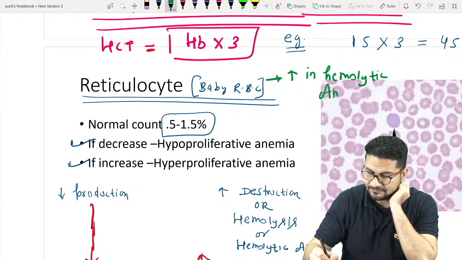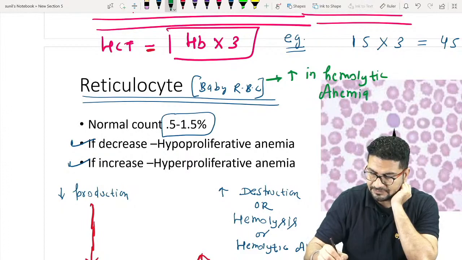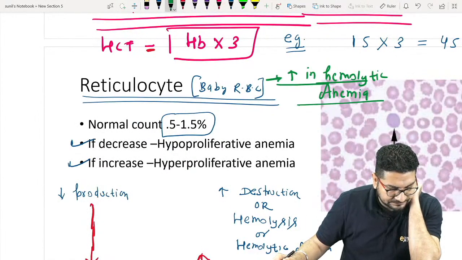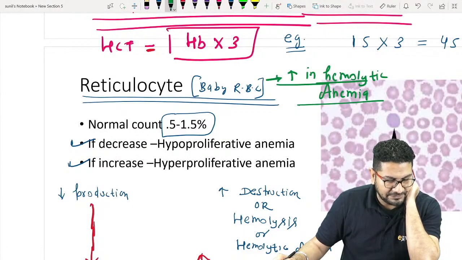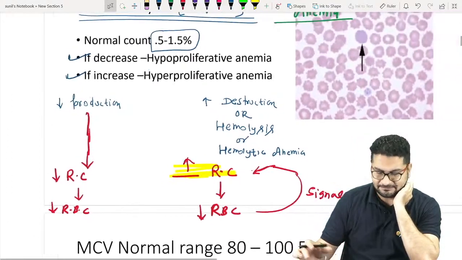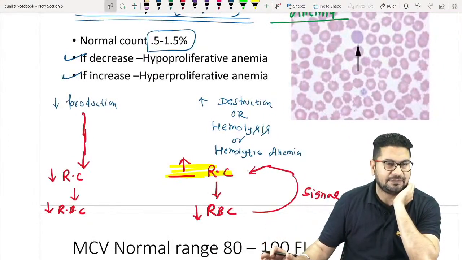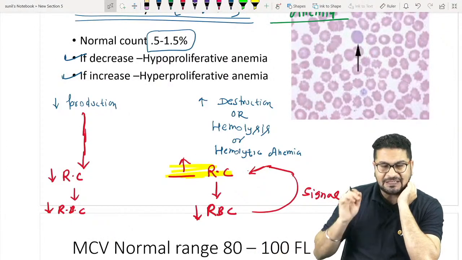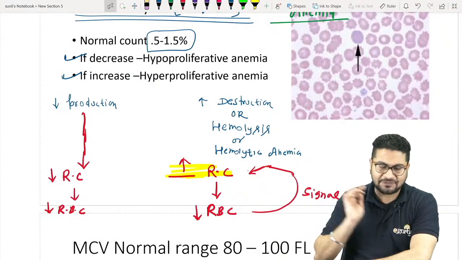Is it clear, guys? Am I clear to everyone? Is it clear, Nitin, Gitika? Am I clear, Dharmesh? So reticulocyte count is increased in all hemolytic anemia because that is giving a signal to bone marrow.